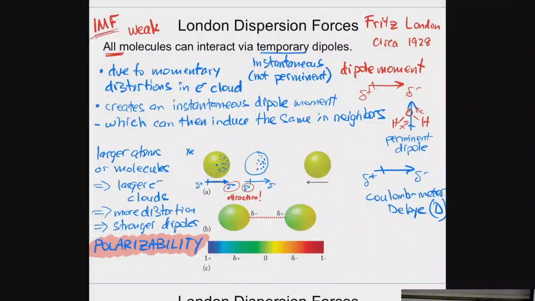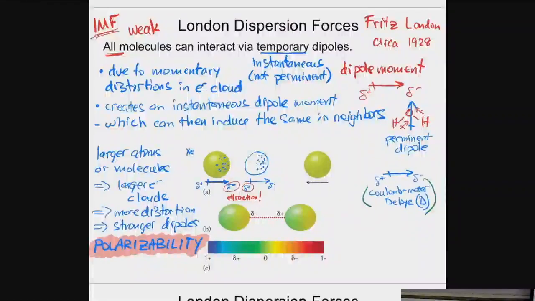But I'm going to put that in parentheses because really this is something that we're not going to be doing quantitatively. We're going to be working qualitatively. Here, let me just shrink this down. So it's not that important. It's just in parentheses.